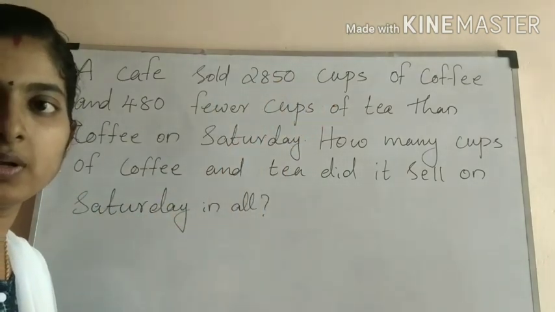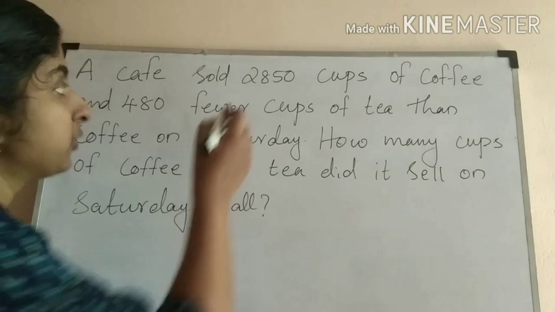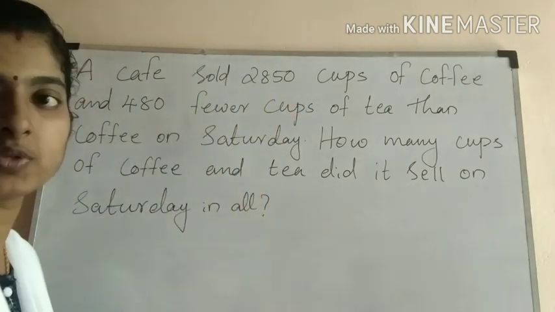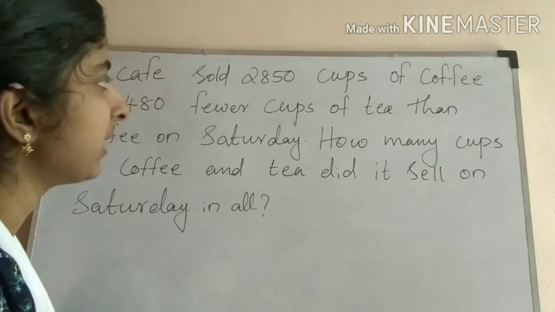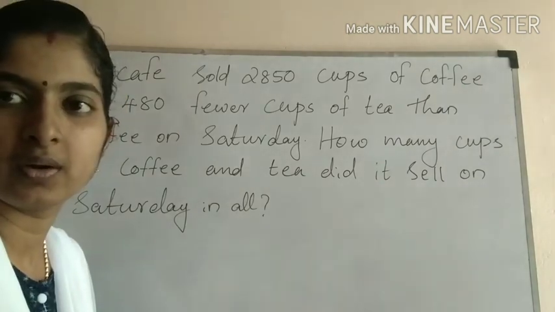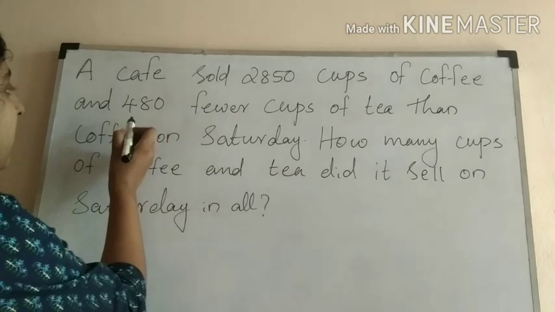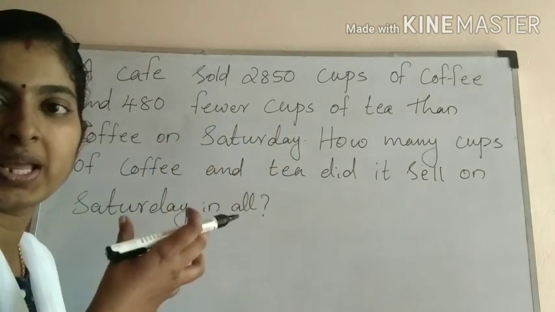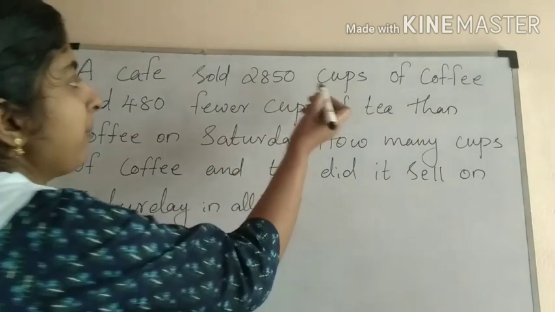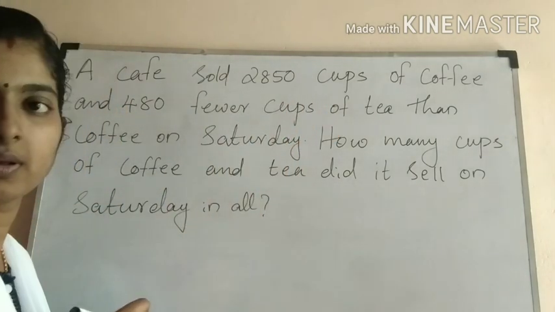A cafe sold how many cups of coffee? 2,850 cups of coffee. Then, how many cups of tea? That is not given. Only given 480 fewer cups. 480 less cups compared to this coffee.